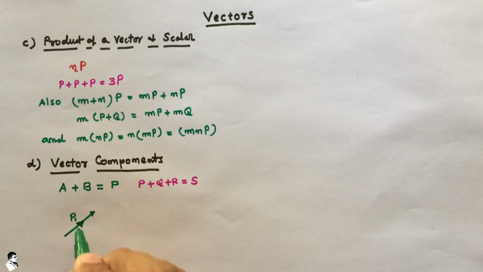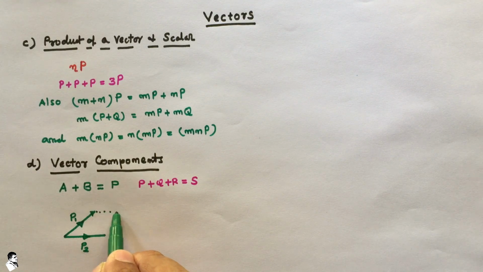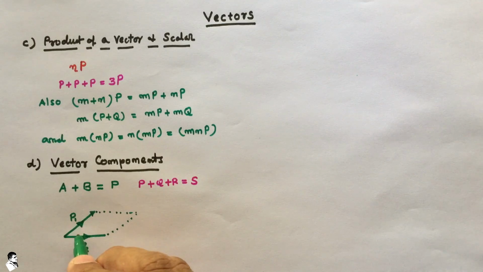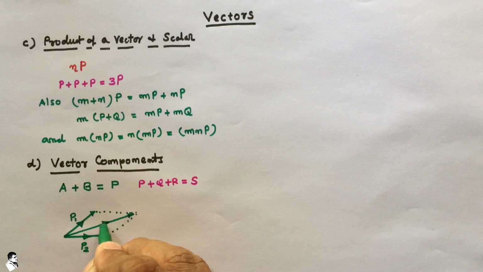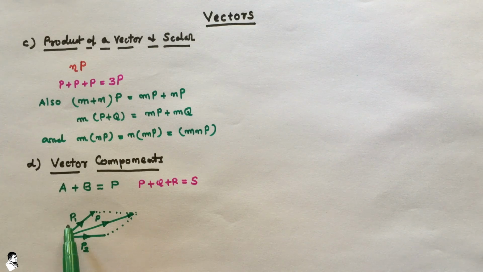We generally draw an arrow here, and vector P2. Again we want to join them considering the parallelogram adjacent sides. So here this is the P vector. So we can say that P1 and P2 both are the components of this vector P.